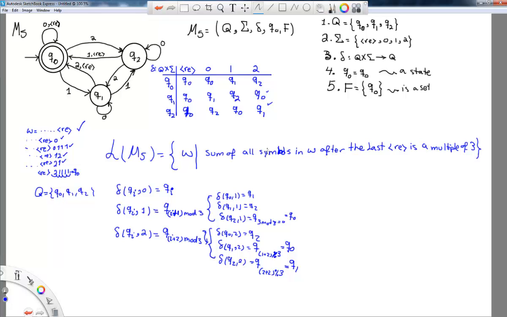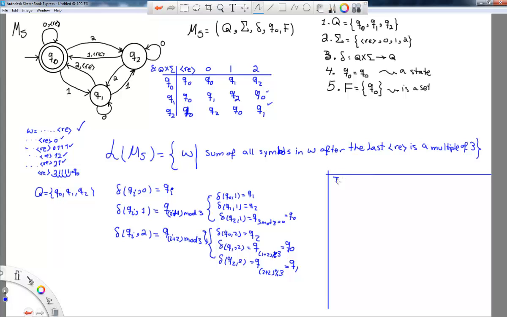Now, as an example for you to work at home, I would like you to write the description of a finite state machine. I don't want to call it homework.